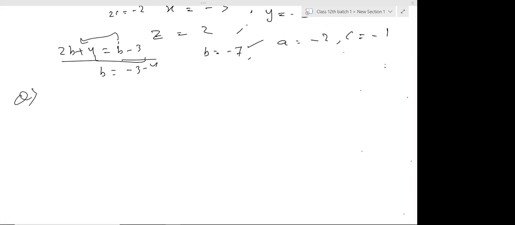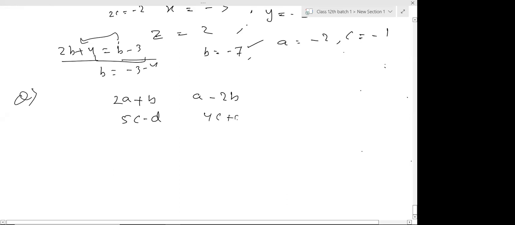Next question is the matrix with entries 2A plus B, A minus 2B, 5C minus D, 4C plus 3D, equal to the matrix with entries 4, -3, 11, and 24.